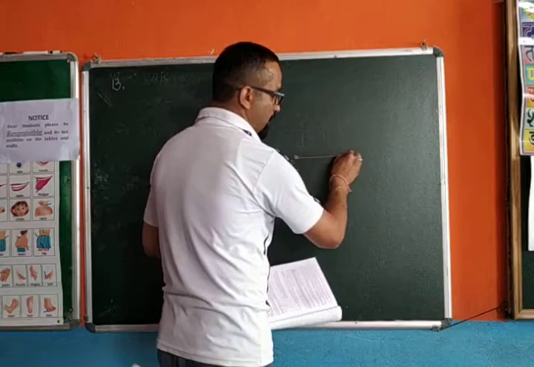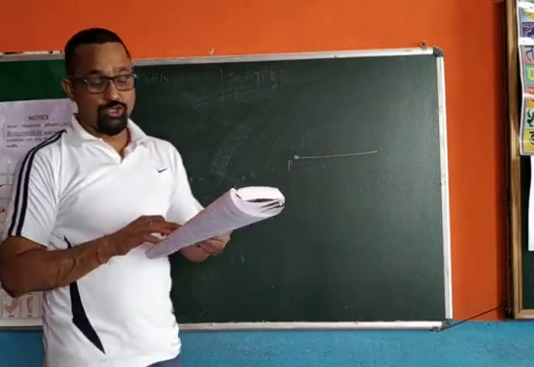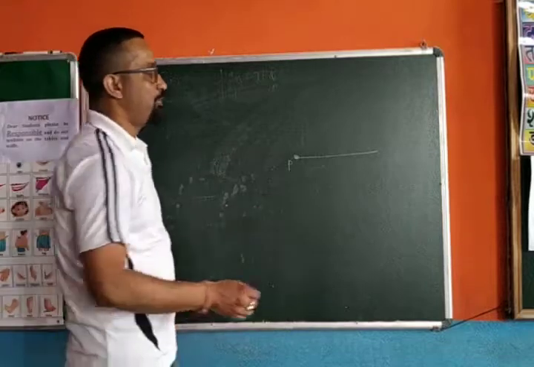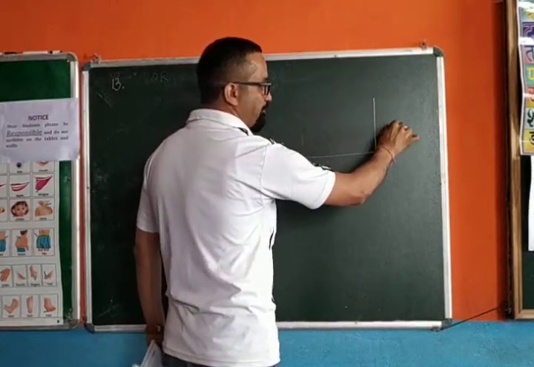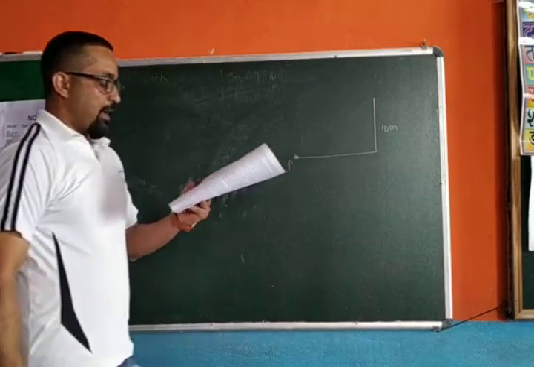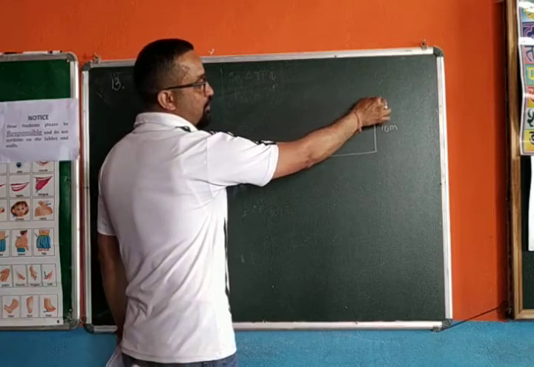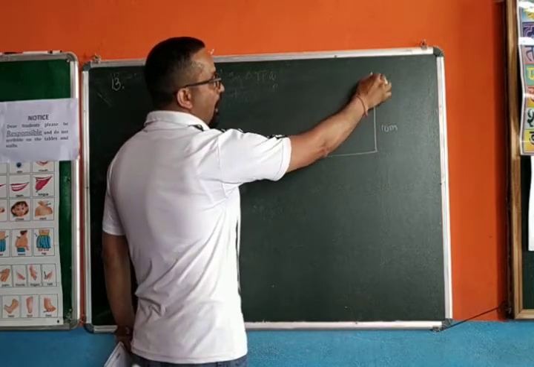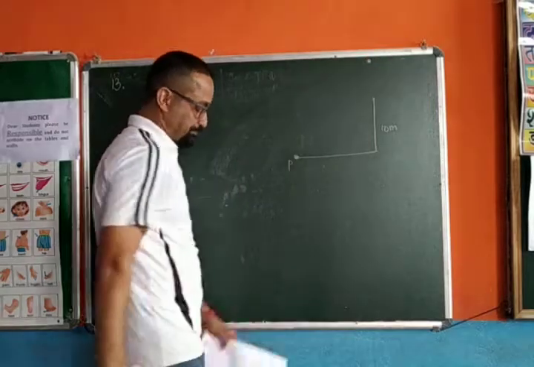Draw a horizontal line. This horizontal line is the ground. The angle of elevation of the top of a 10 meter tall building. So you have a building which is 10 meters tall, and a helicopter hovering. So this is the top of the building. The helicopter is hovering at the top of the building.